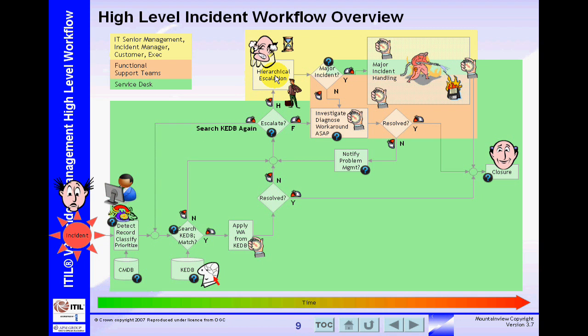This hierarchical escalation has to be managed. We need to determine whether or not it is a major incident or not.